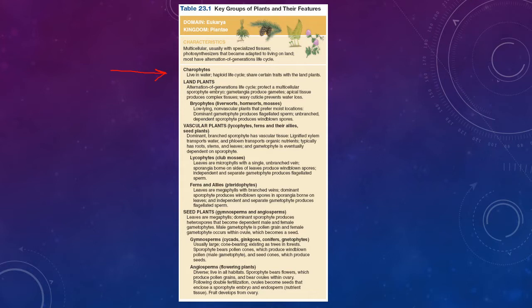So that's now in the protists. But then from here down we have land plants, and we're going to be talking about non-vascular and vascular that do not produce seeds, and then vascular that do produce seeds. So those are kind of our three categories, and that's where we're headed.